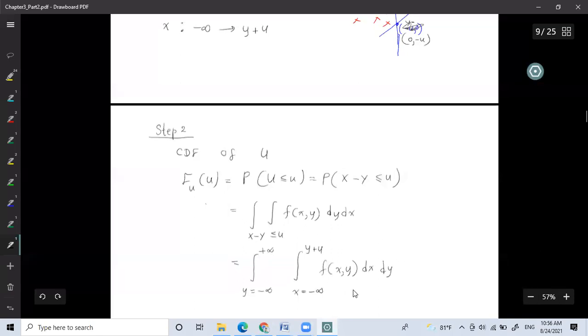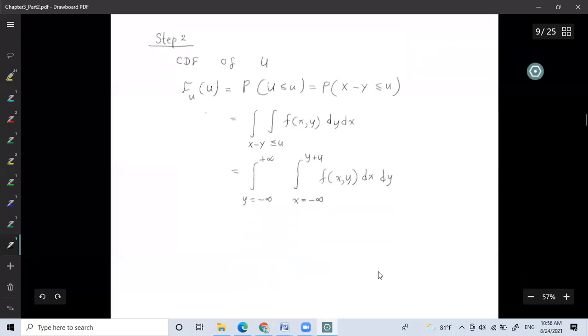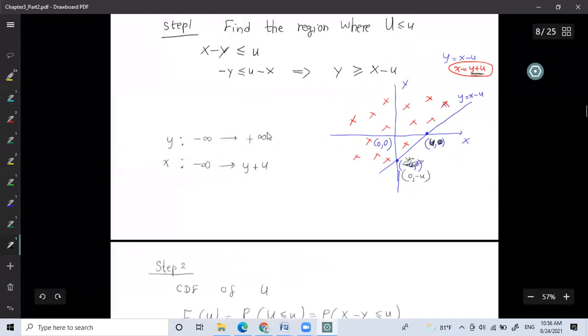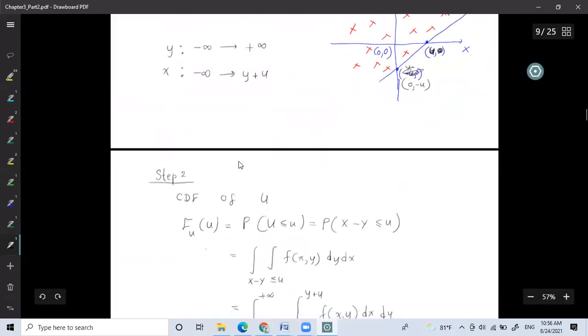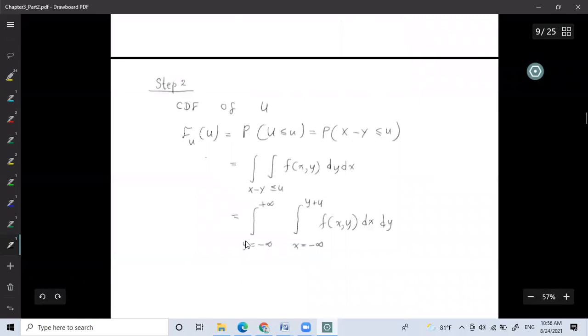Make sure you write it in the correct order. Now, if you chose to give the freedom for y, you have to make sure you write the limits accordingly. Then x will be outside and y will be inside with the correct limits. So you can try it. Is the other way around hard? Not hard. I want to make this consistent throughout the proofs. That is why I'm using this, but you can try it.